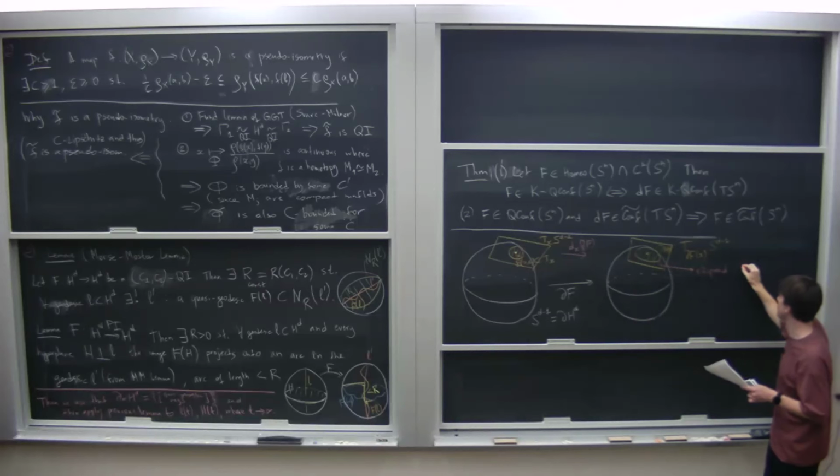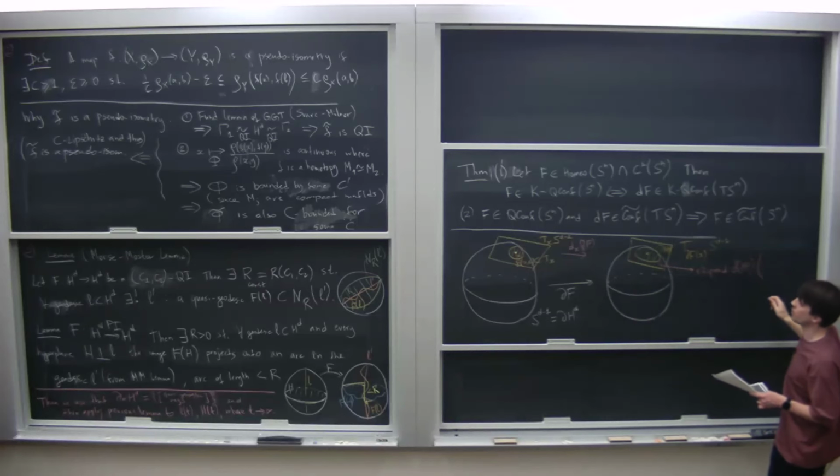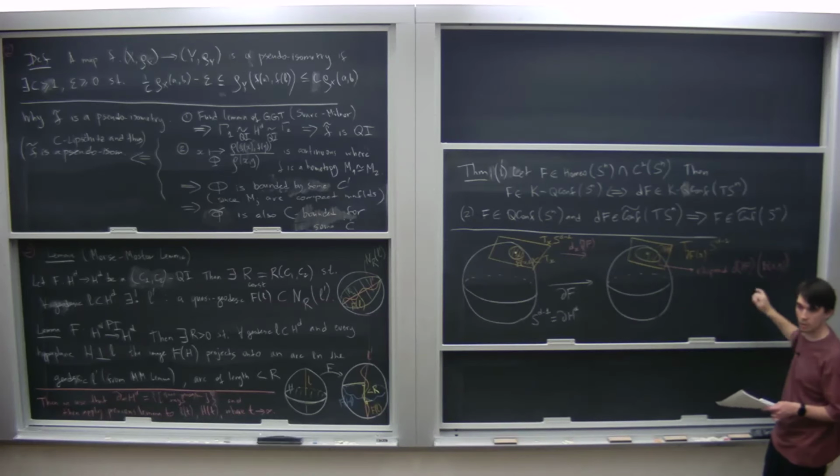I will say that it is d. Okay, sorry, it's d of df of the ball, right? An ellipsoid.